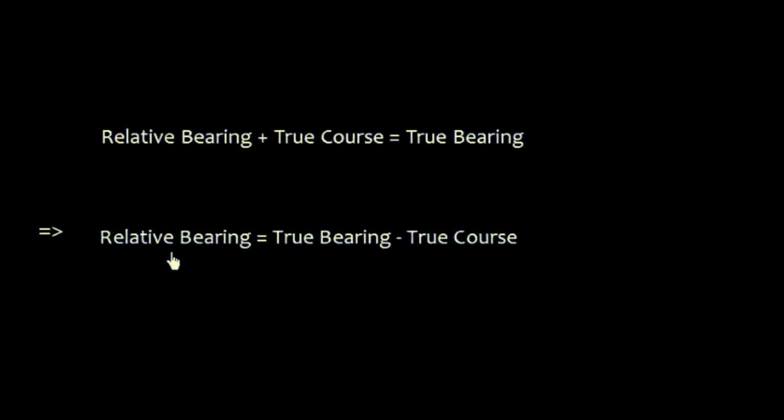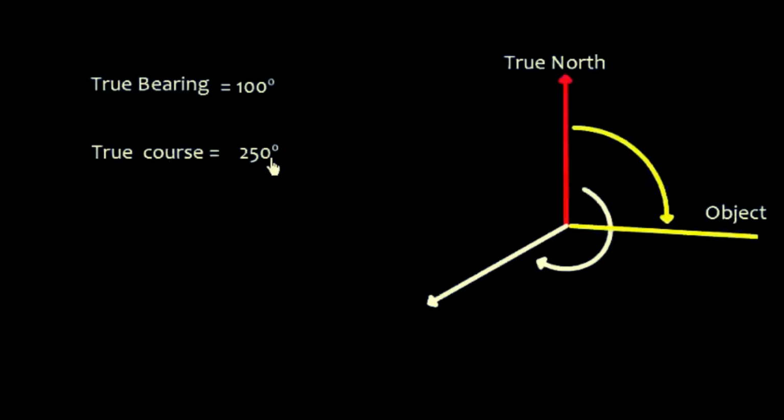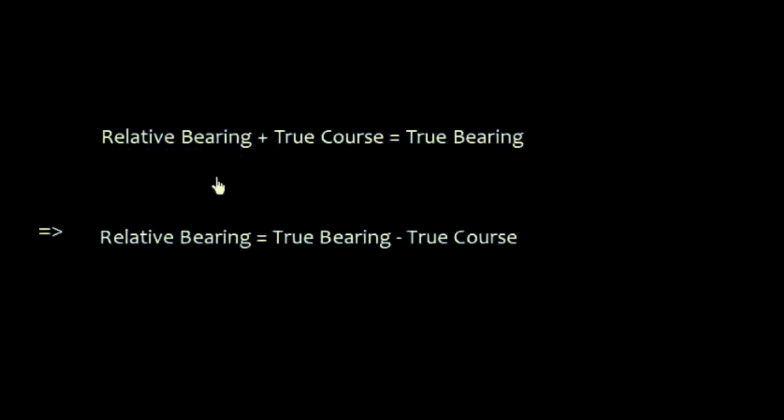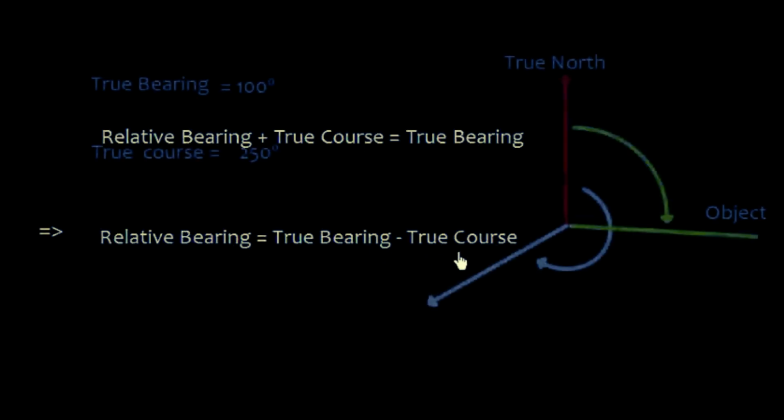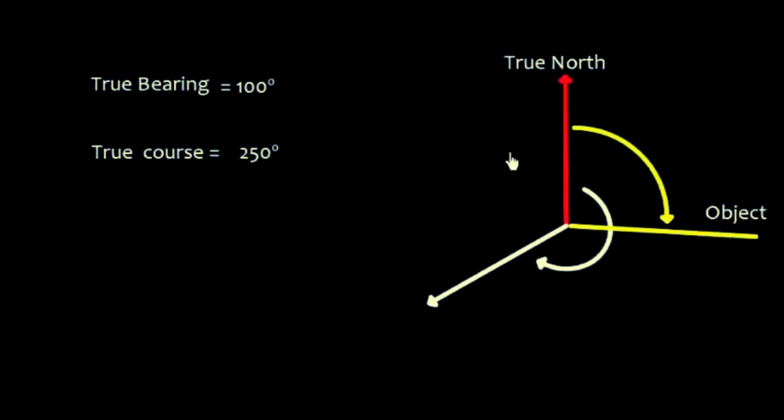Relative bearing plus true course is true bearing, or relative bearing will be true bearing minus true course. Suppose true bearing is 100 degree and true course is 250. So the true course is 250, which is from here to here, from true north to the ship's head, and this is the direction of the ship's head. So we need to use the same formula, that relative bearing is true bearing minus true course.